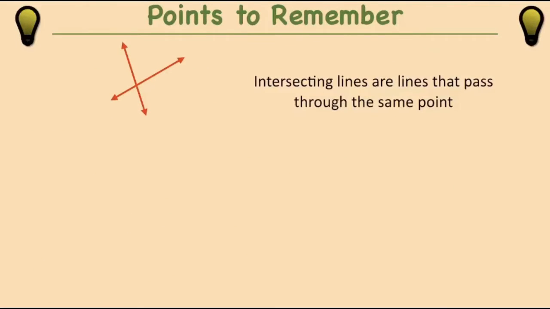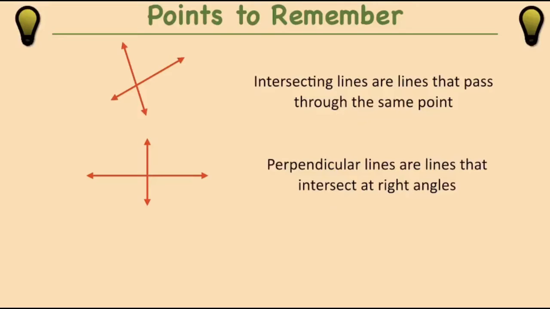Now we will recollect the points we have learned till now. Intersecting lines are lines that pass through the same point. They will cross at one point. So these are called intersecting lines. Next, perpendicular lines intersect each other at a right angle.